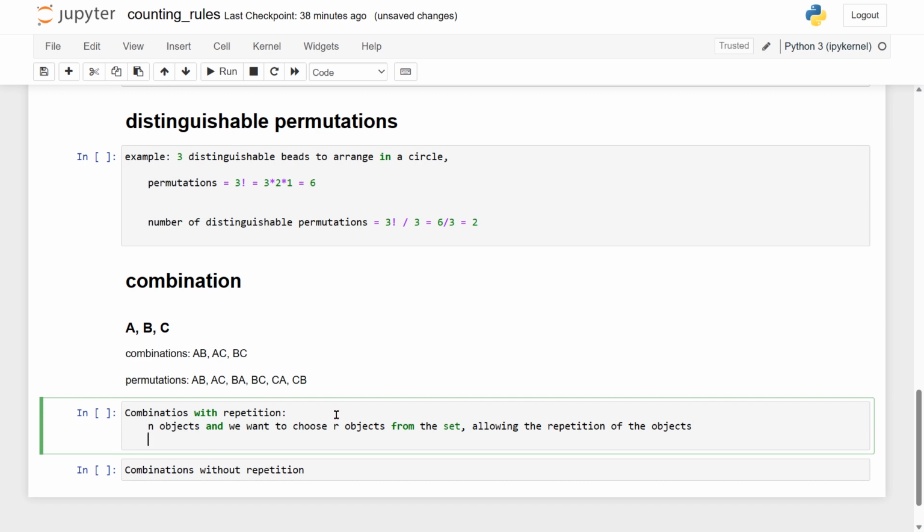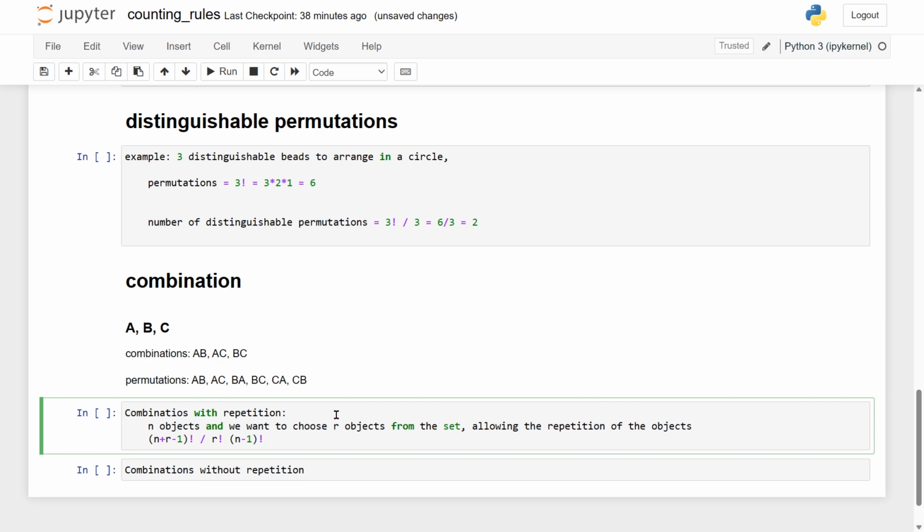The formula to calculate the number of combinations with repetition is (n plus r minus 1) factorial divided by, as usual, r factorial multiplied by (n minus 1) factorial.